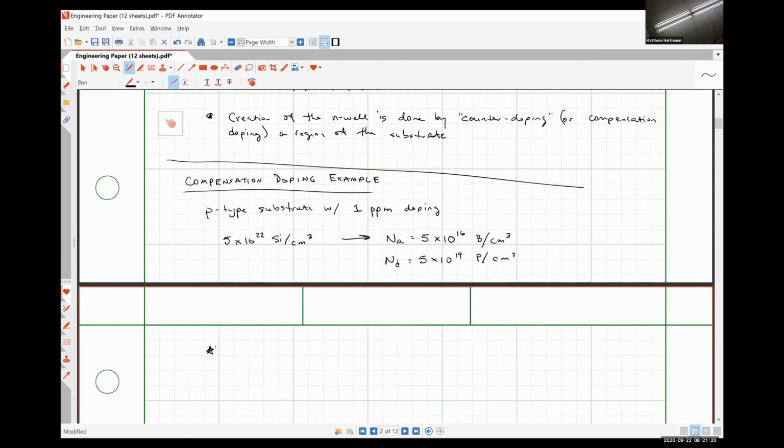The counter-doping process does what's called degrading the substrate. Does anybody have any ideas why it might be considered degraded?